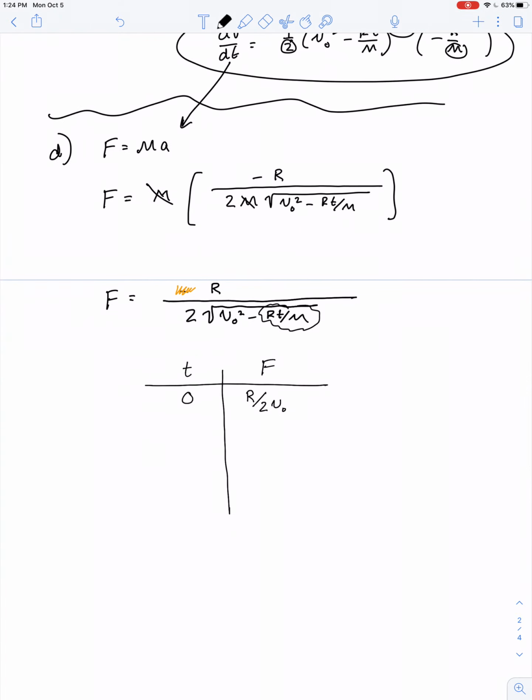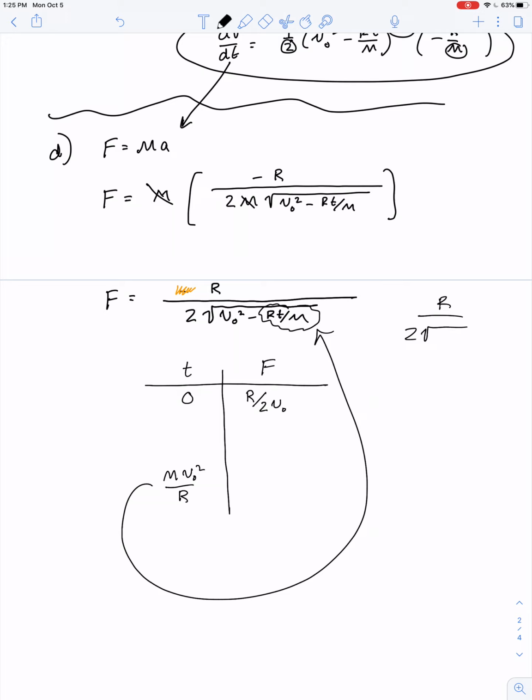So if we plug that in for t, now we have r over 2 times the square root of v naught squared minus v naught squared. This whole term is going to go to 0, and that's in the denominator. So that means the force is going to blow up to some infinite value at that point.